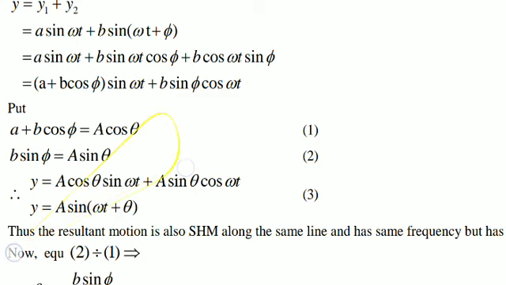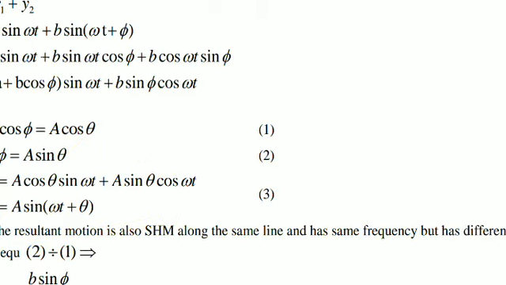If you do this mathematics, then y becomes A cos theta, the remaining is sin omega t, plus instead of b sin phi we put A sin theta into cos omega t.